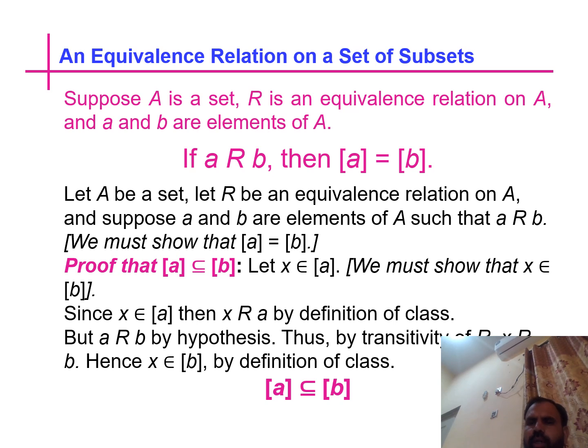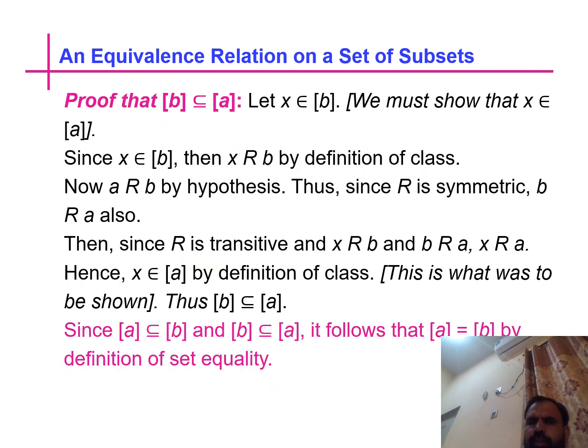Thus, by transitivity of R, x is related to b, hence x belongs to the class of b by definition of the class. Now we prove that the class of b is a subset of the class of a. As we discussed previously, if both are subsets of each other, then they are equal.